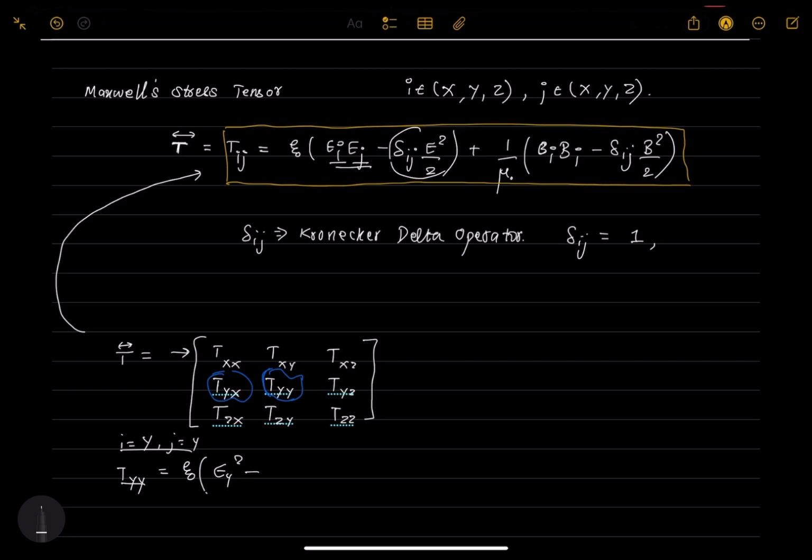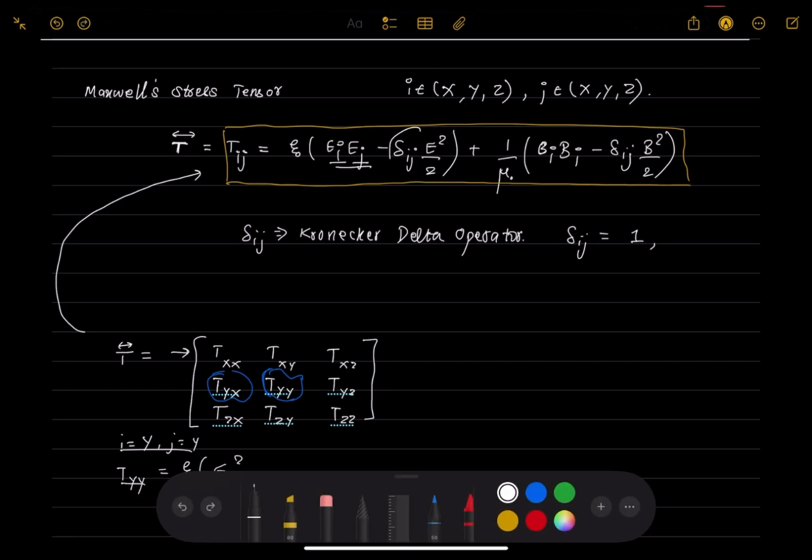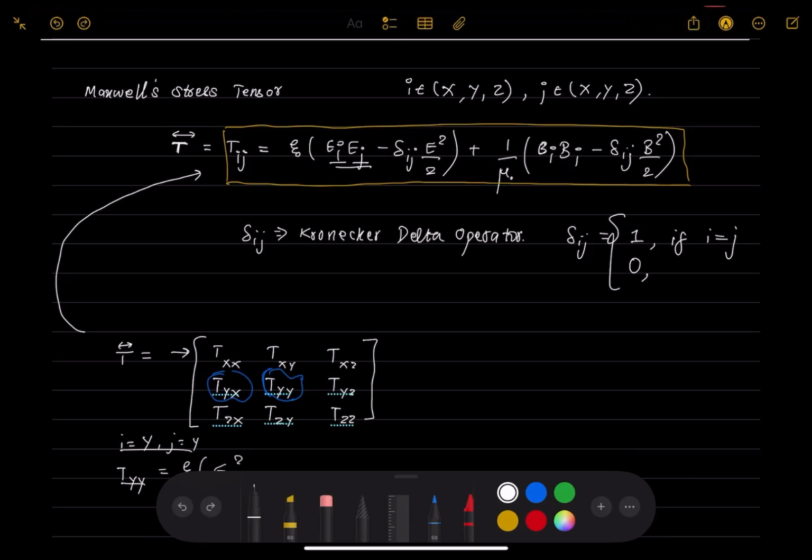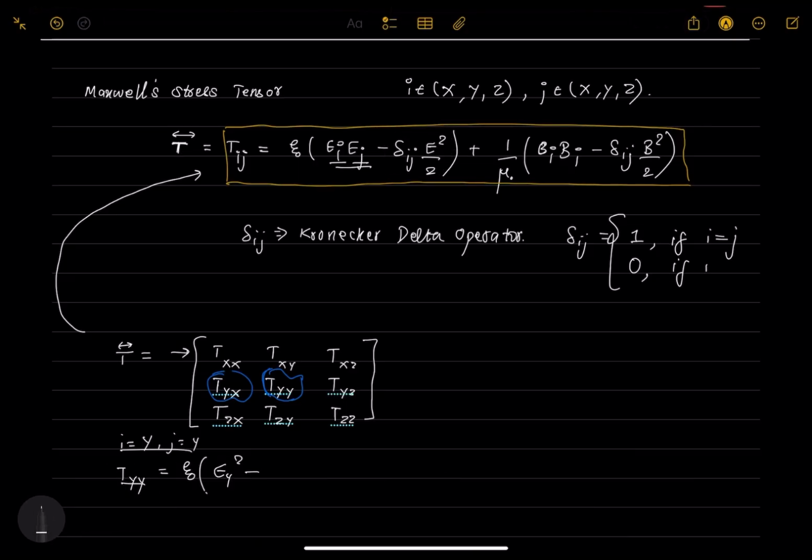So include this term if i equals j, and do not include this term, that is, let the Kronecker delta operator be 0, if i is not equal to j. So it's just that simple.